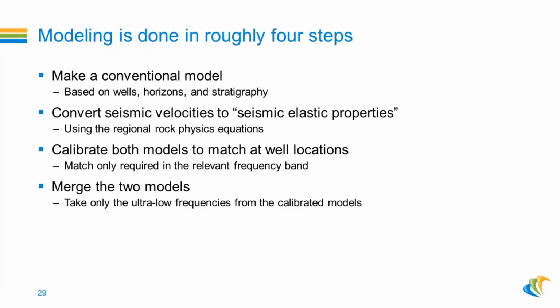The seismic velocities are good up to about 2 or 3 hertz. To get the part between 3 hertz and the lowest seismic frequency, you're going to use the conventional models. We're going to merge all the models together, so the lower frequencies from the velocities, middle frequencies from the conventional model.